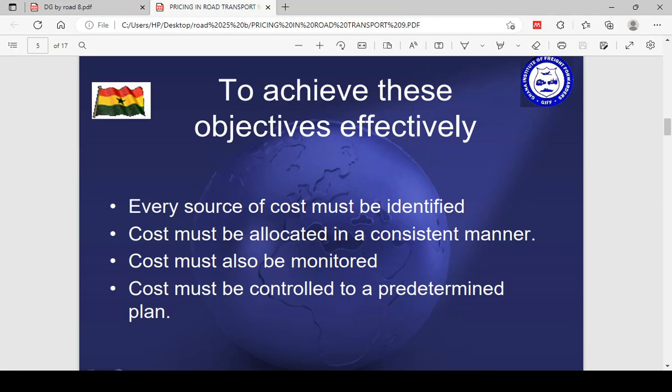No matter what the color, the height, the nose, whatever, the procedure must be there. Cost must also be monitored so that it will not fluctuate. The cost must be controlled in a predetermined plan.